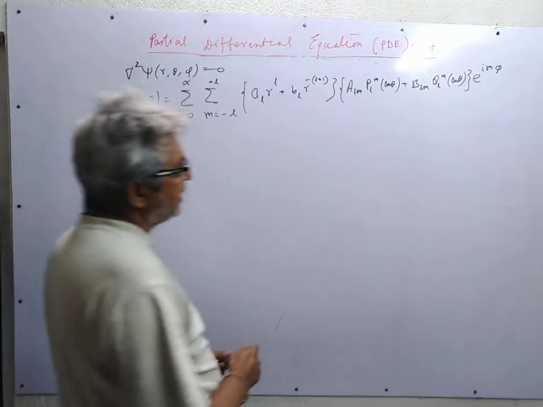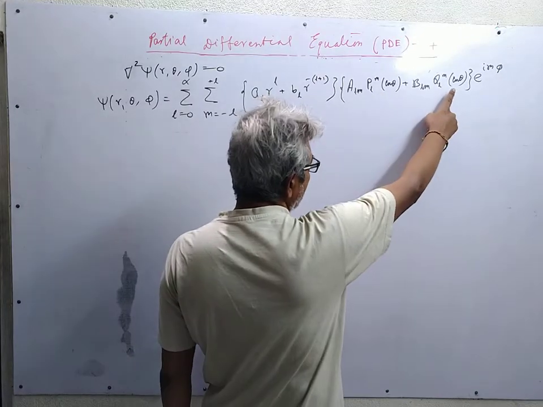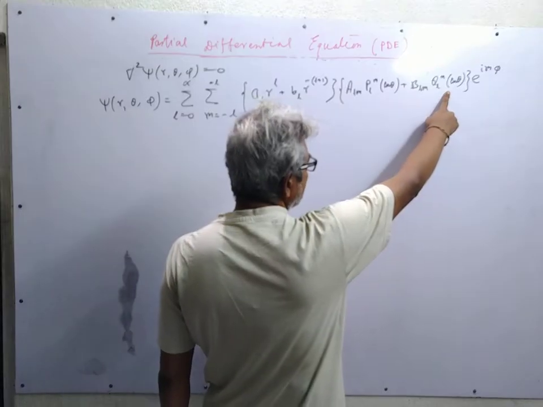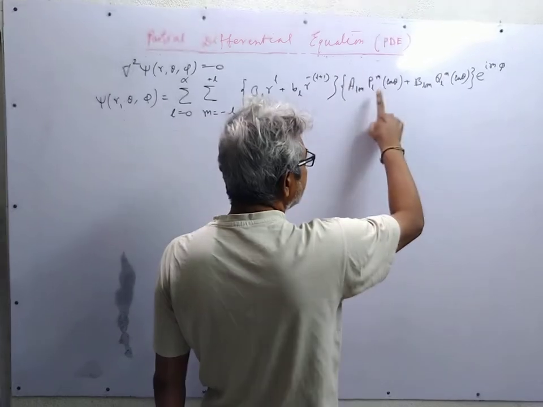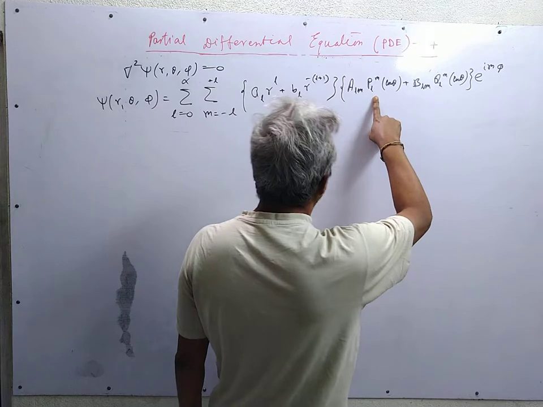So P_LM is the associated Legendre function of the first kind, and Q_LM is the associated Legendre function of the second kind. This is also called the associated Legendre polynomial.